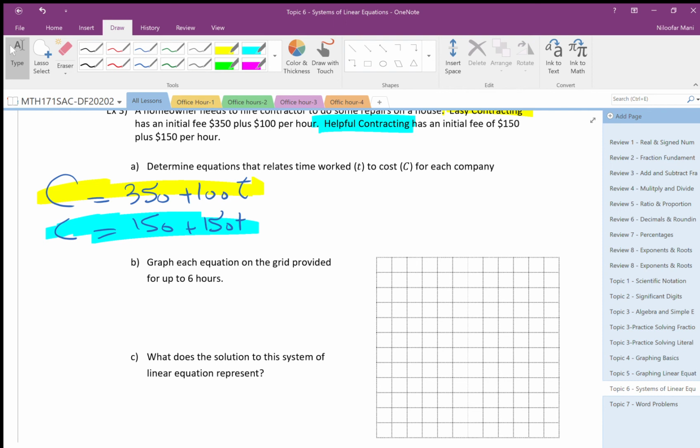Here I can go by a table of values, because I want more accurate points. And I don't need negatives for any of them, because of course there is no negative time and no negative cost.